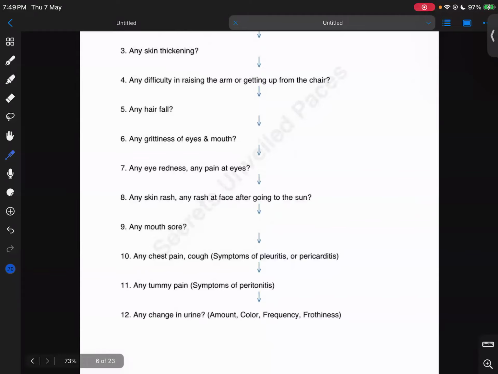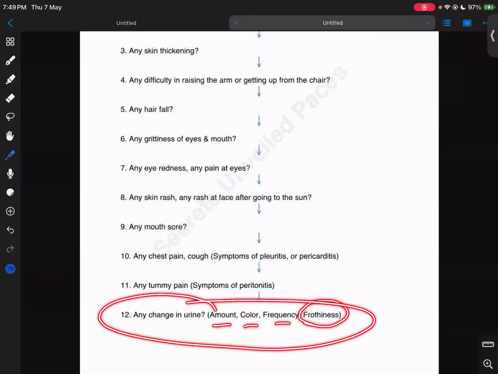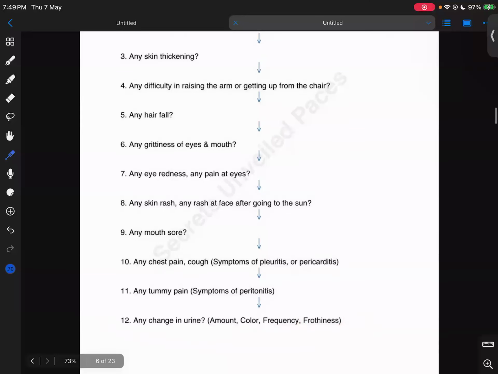Then any type of connective tissue disease has the most grave complication of affecting the kidney. That is why we have to particularly ask about the kidney symptoms, that is the urine output. We have to ask any change in urine output, that is the amount, color, frequency, and frothiness. Urinary symptoms are very important to ask for any kind of connective tissue disease.